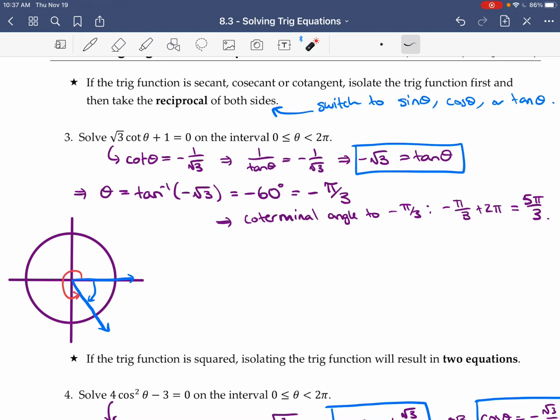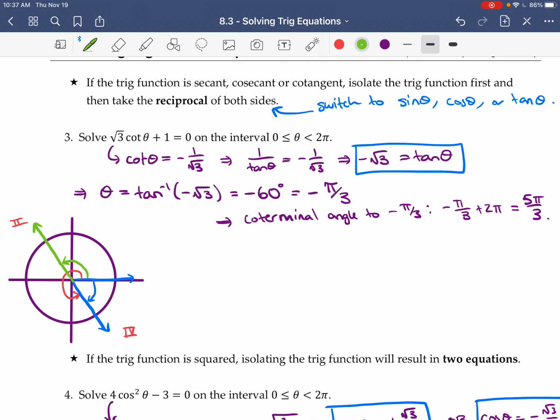There is another solution on here for where tan is equal to negative root 3. So tan is negative in quadrant 4 and also in quadrant 2. So the other one is going to be directly across.